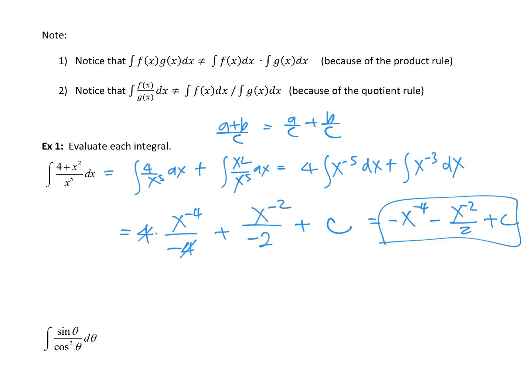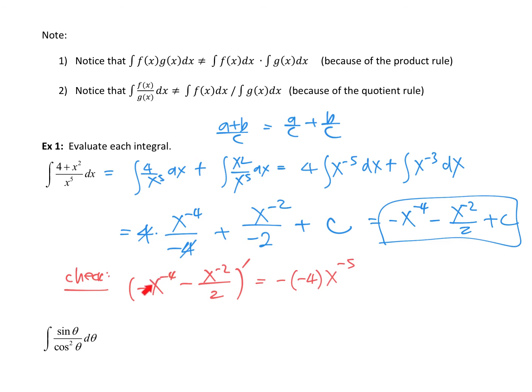So let's check here: negative x to the negative 4 minus x to the negative 2 over 2, prime. When you take the derivative of a constant, it becomes 0 anyway. So for the derivative, it is negative times negative 4 x to the negative 5, right?